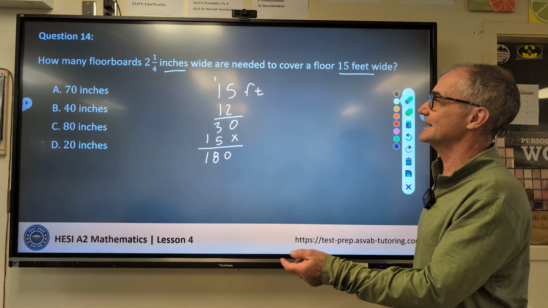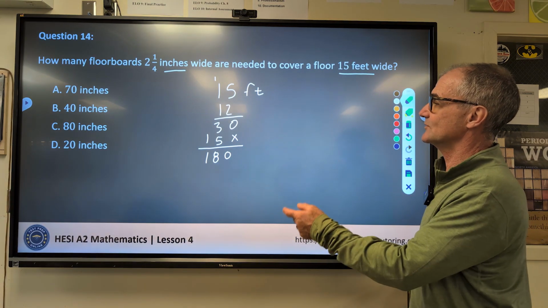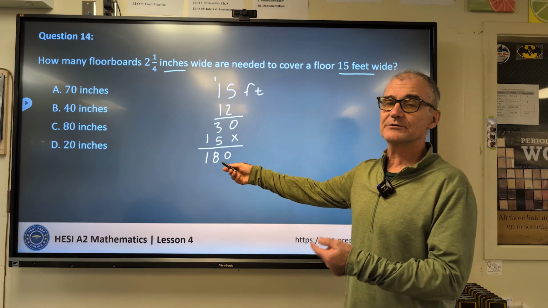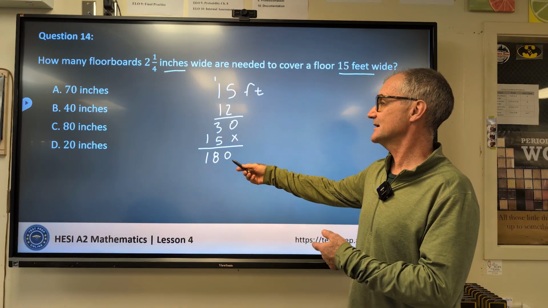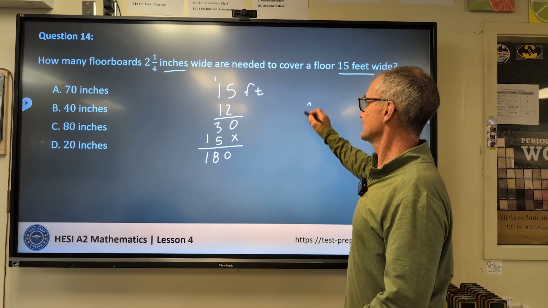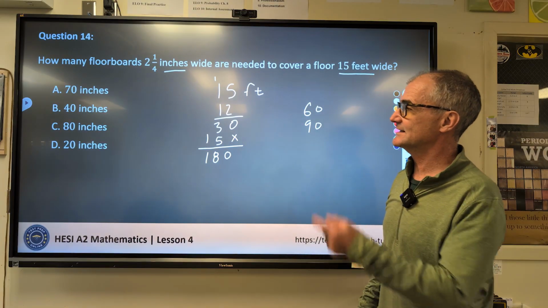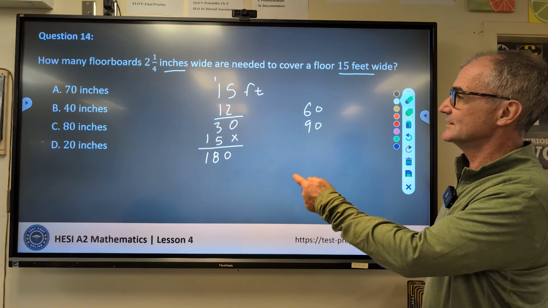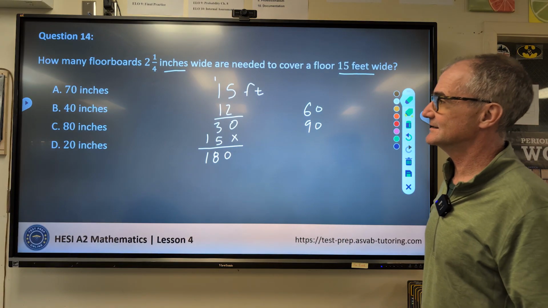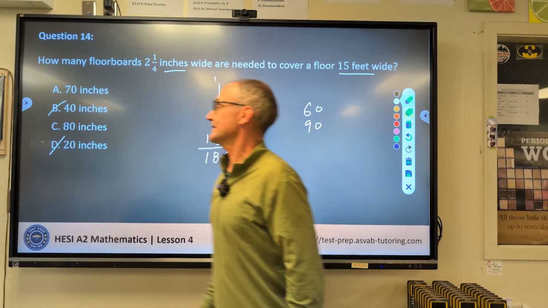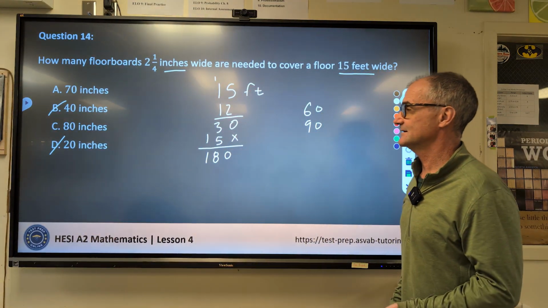Now the question is, how many times does 2 1/4 go into 180? Well, 3 will go into 180 60 times. 2 will go into 180 90 times. Let's take a look at the answers up there to see the values between 60 and 90. The only ones that are going to work are A and C, right?